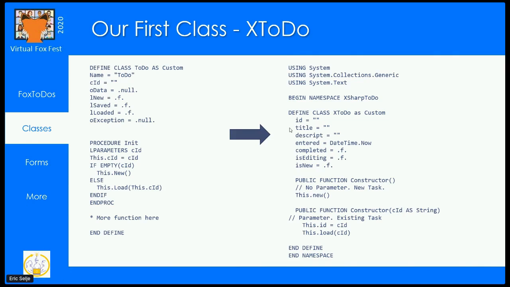And so what I'm going to show you here could be done more like FoxPro even than it is. But instead of putting it in an object like I did over here, I created specific properties for all of our different fields, from ID down to completed, that are in the database, as properties of this class, and then a couple of extra objects as well.